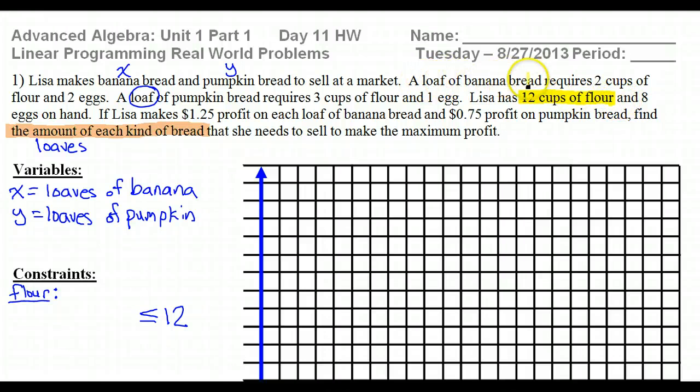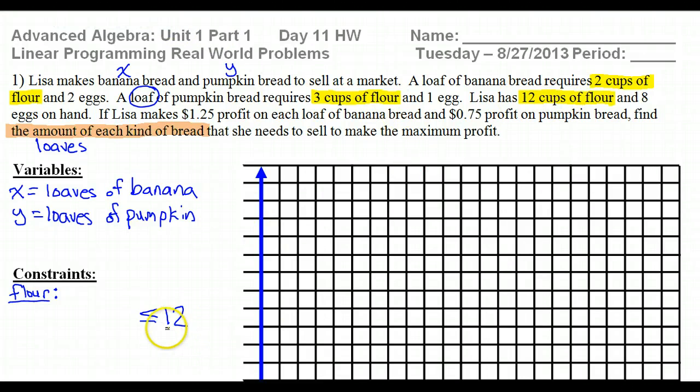A loaf of banana bread requires, here it comes, 2 cups of flour and 2 eggs, but we'll ignore that for now. A loaf of pumpkin bread requires 3 cups of flour. Did you catch that?